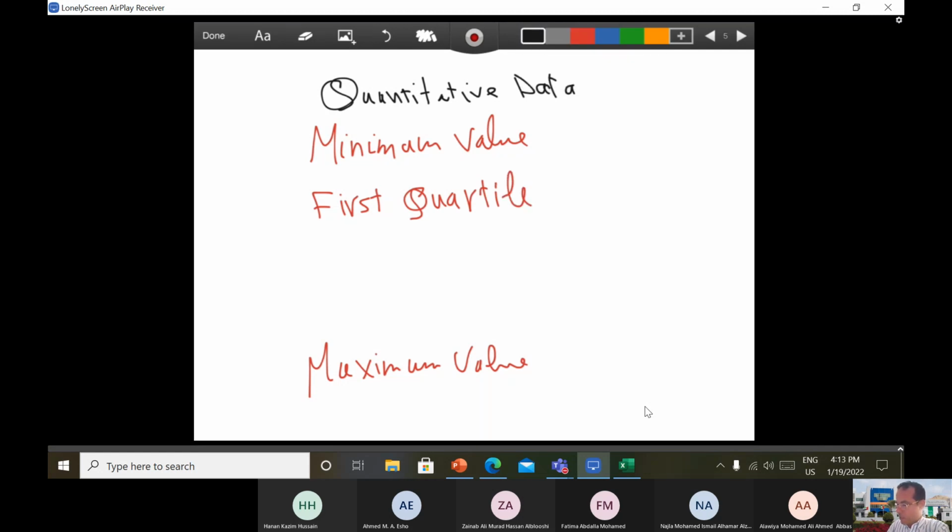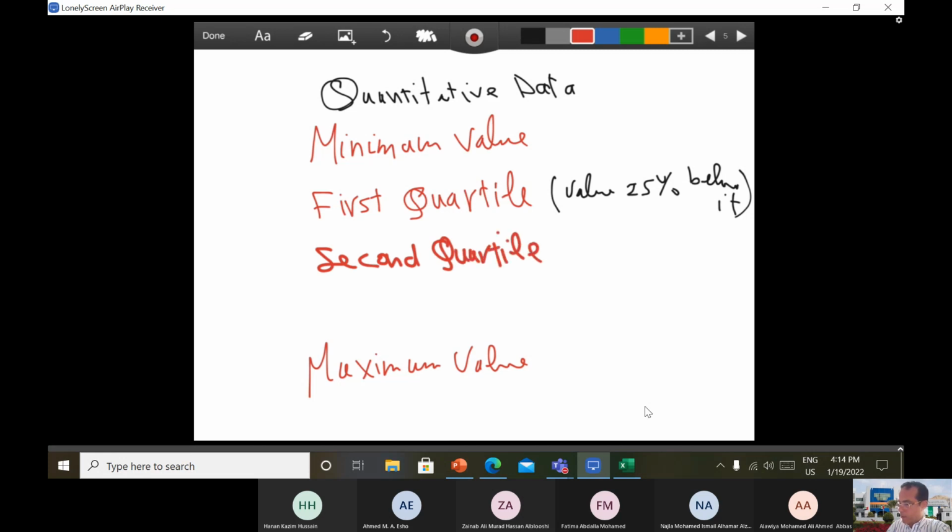Yes, this is the value with 25% below it, right? And then you have the second quartile.